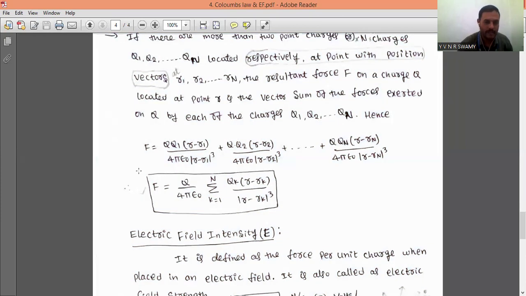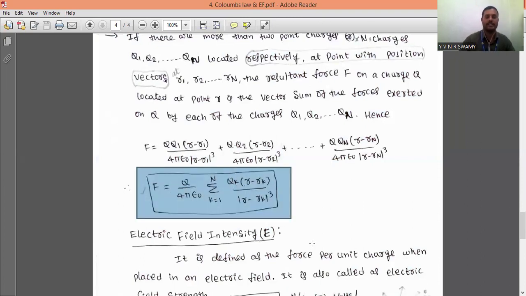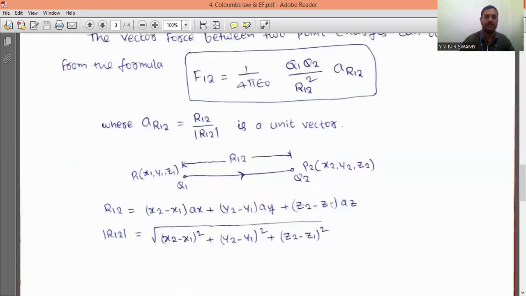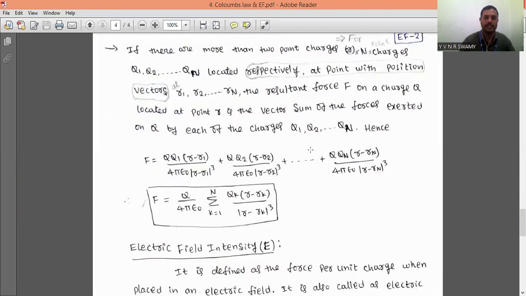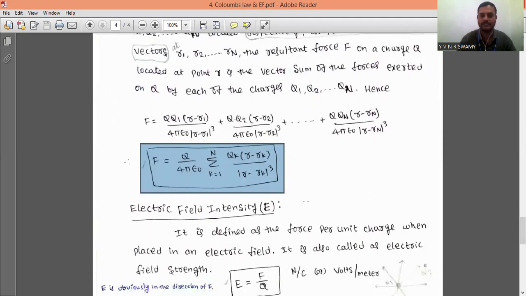So this is the force formula for n number of point charges. And this is the force formula for two point charges: the force according to Coulomb's law for two point charges. Similarly, this is the force for n number of point charges.